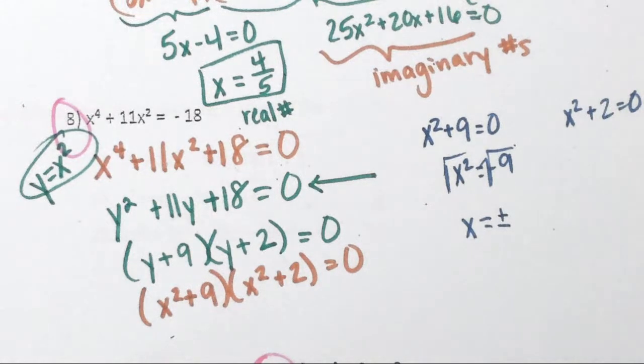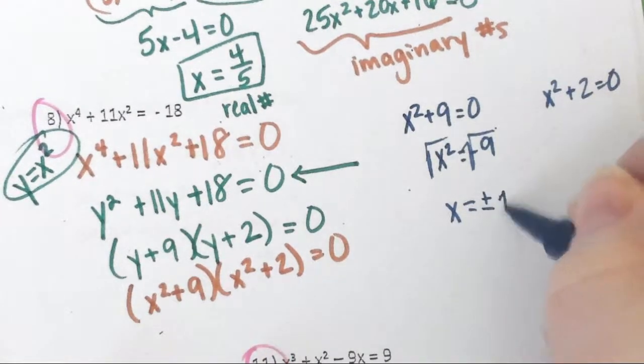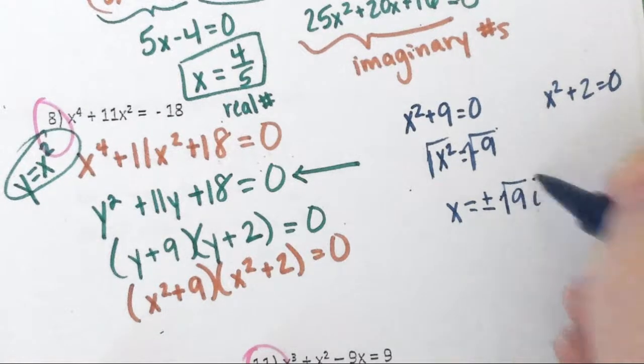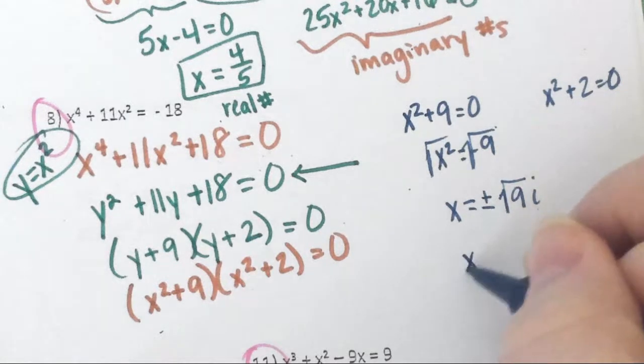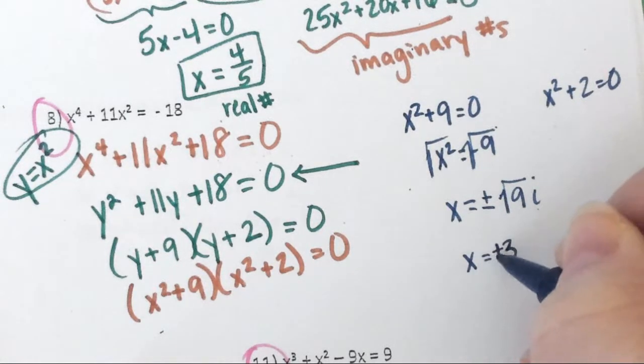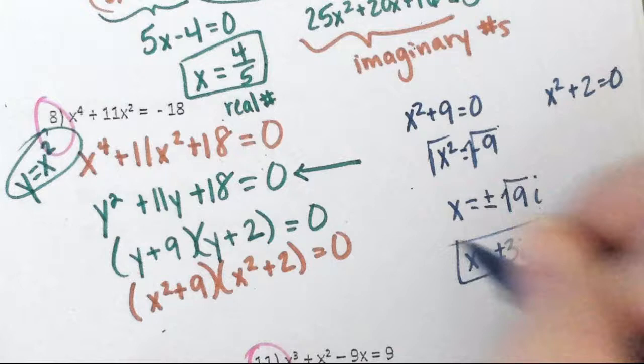Is it the square root of 3? It's just 3i. If you're not following that logic, let's do it one step at a time. It's plus or minus the square root of 9, and we throw in an i so the negative under the square root goes away. I know the square root of 9 is 3, so if you were already at plus or minus 3i, good for you.